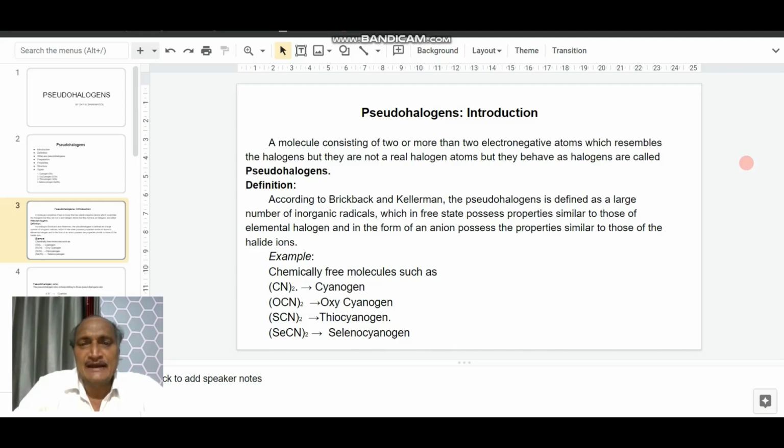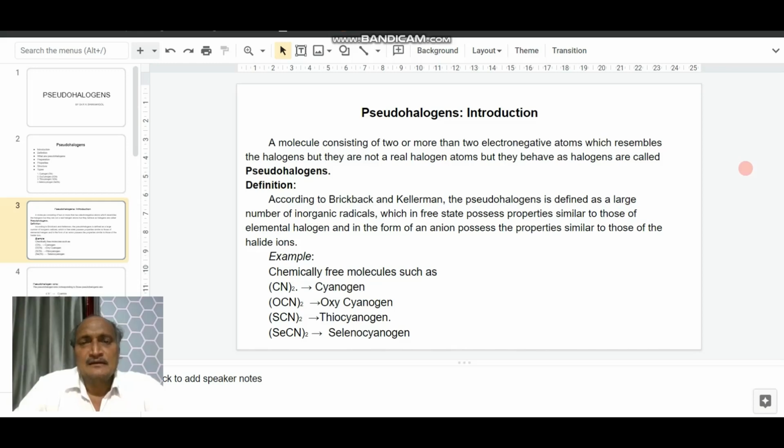For example, chemically free molecules such as (CN)2, that is cyanogen, (OCN)2, oxycyanogen, (SCN)2, thiocyanogen, and (SeCN)2, selenocyanogen.